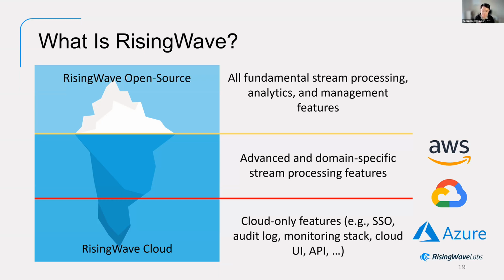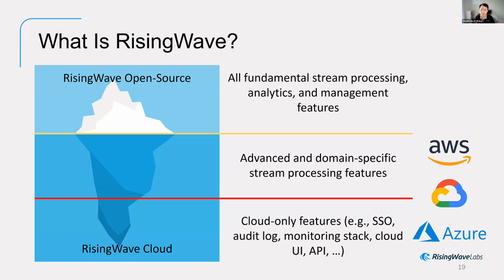Apart from that, RisingWave Cloud also has cloud-only features like SSO, single sign-on, and audit log, which helps you audit who logged into a system and what commands a person has run, and a monitoring stack.